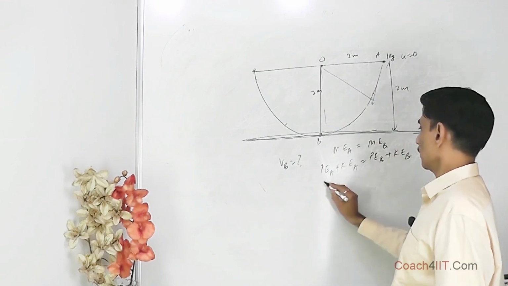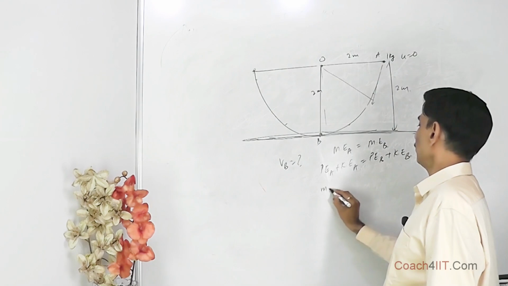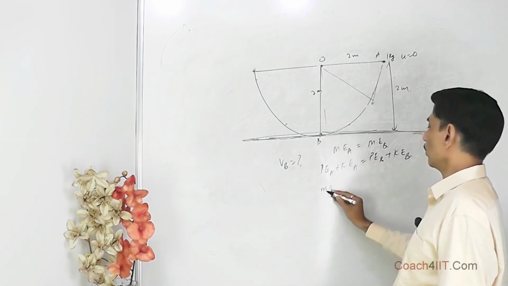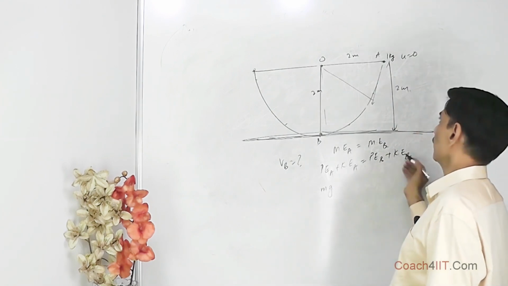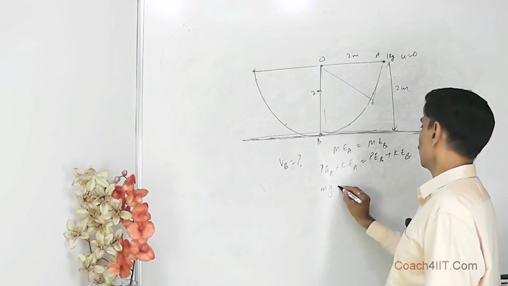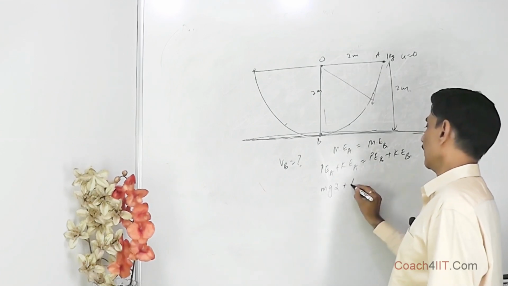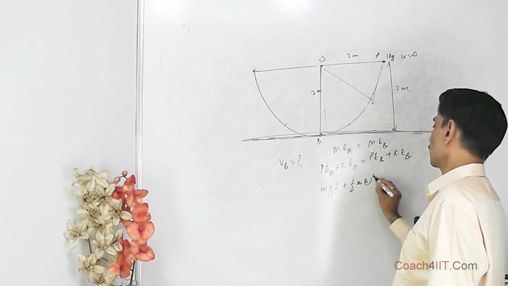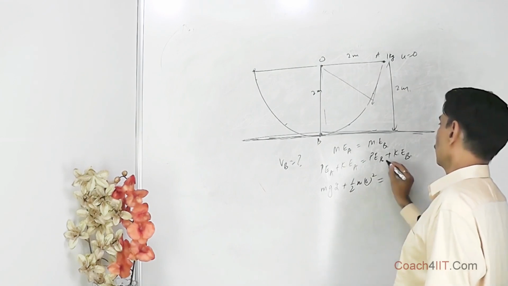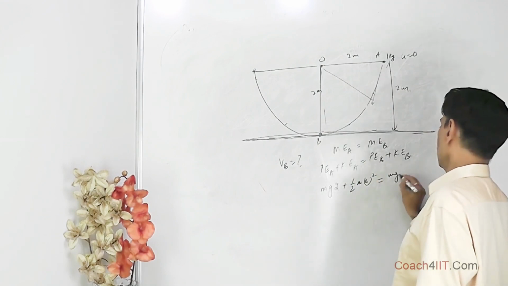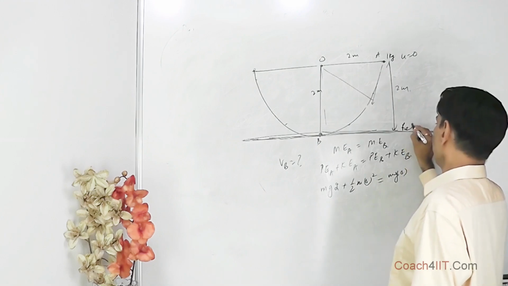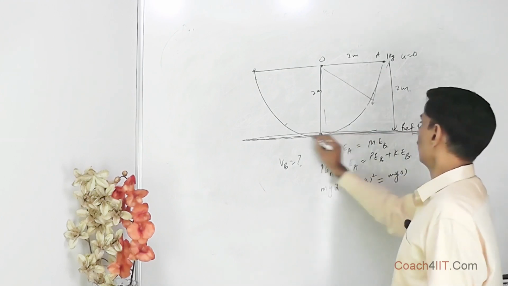So the potential energy at A is going to be mg times 2, plus kinetic energy half m times 0, equal to potential energy at B, which is mg times 0, because this is the reference level we have taken.